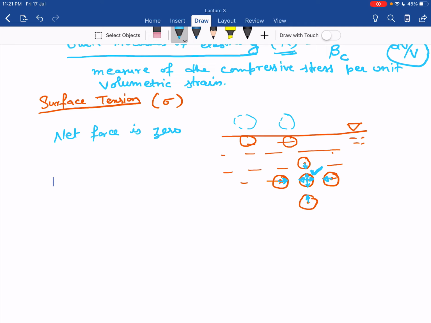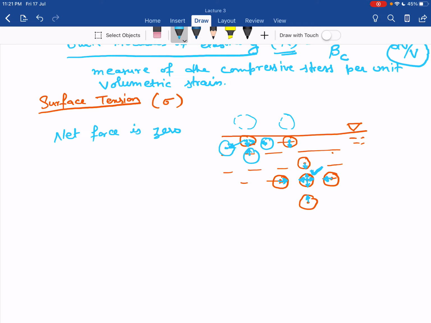For this one, no molecule is on the other side. So this molecule experiences some inward force.